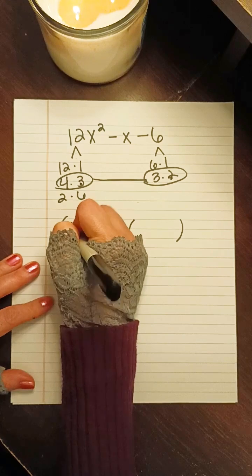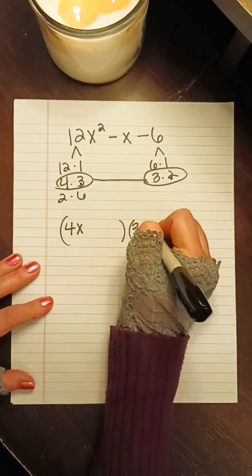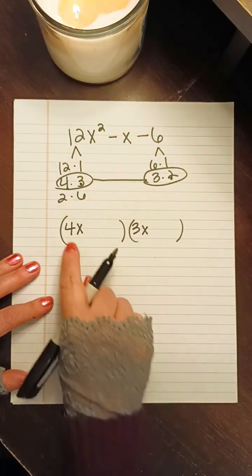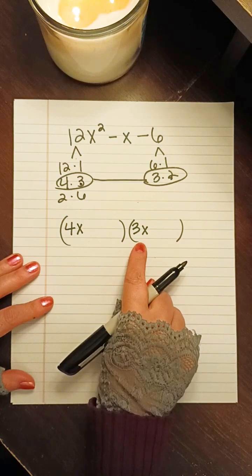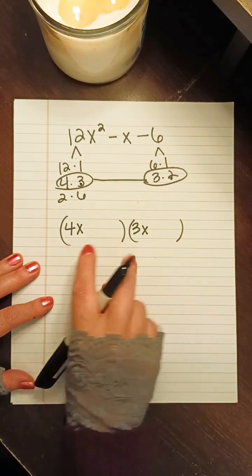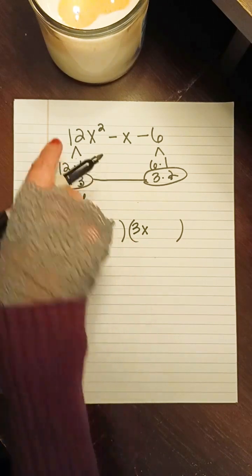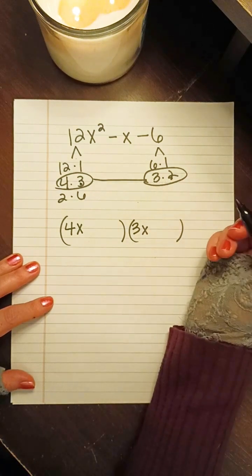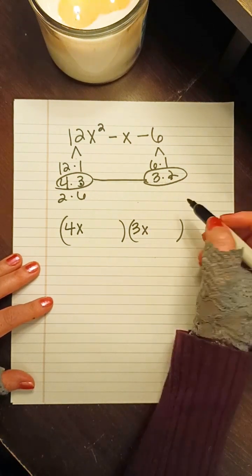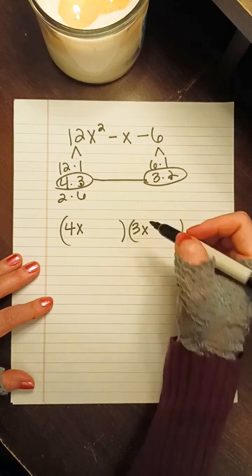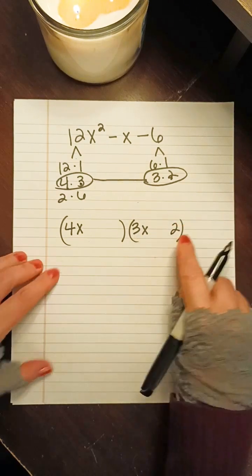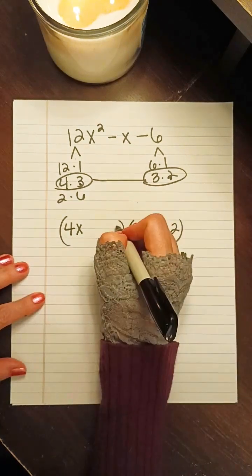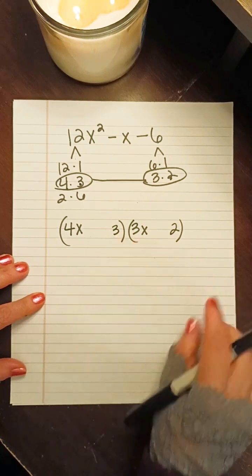So I'm going to place the 4 and the 3 into each of my binomials first, or the first terms in each binomial multiply to get the first term in the trinomial, and then 3 and 2. I want to get 8 and 9. So I'm going to put the 2 here to get 8, and the 3 here to get 9.